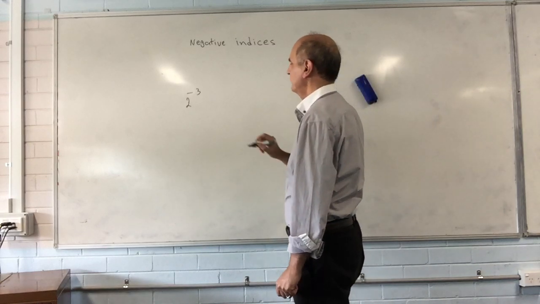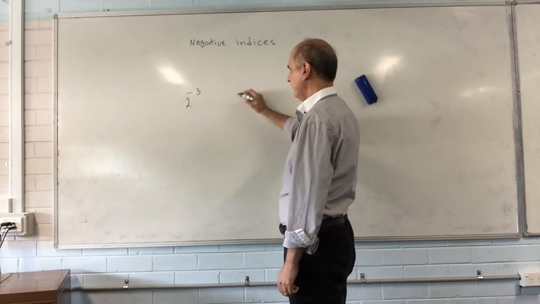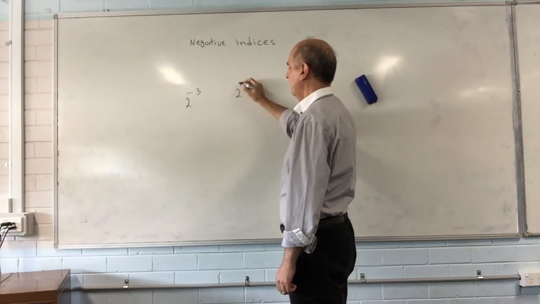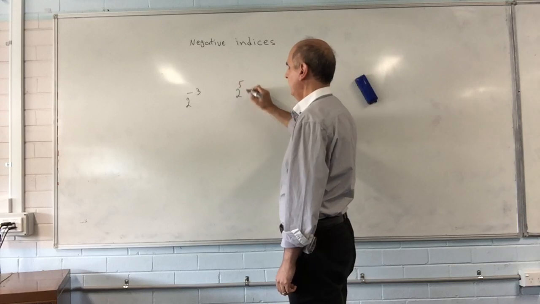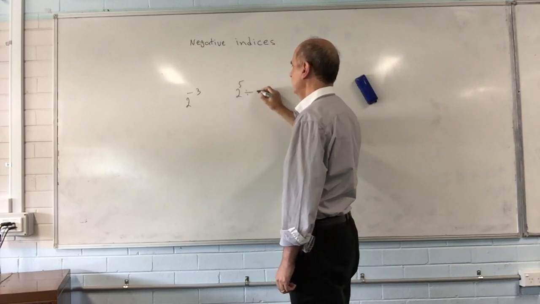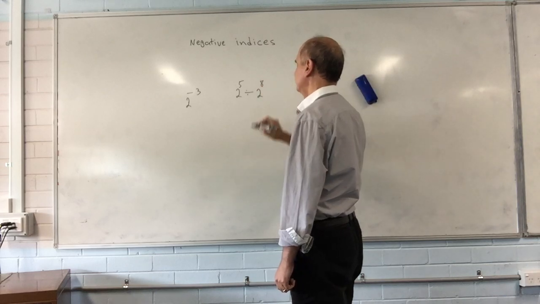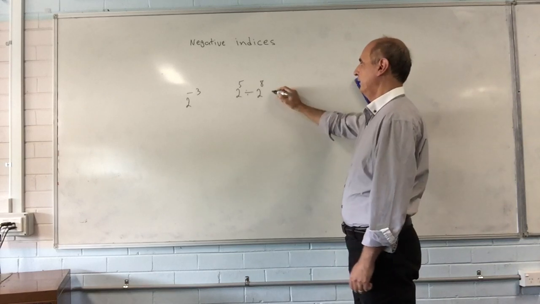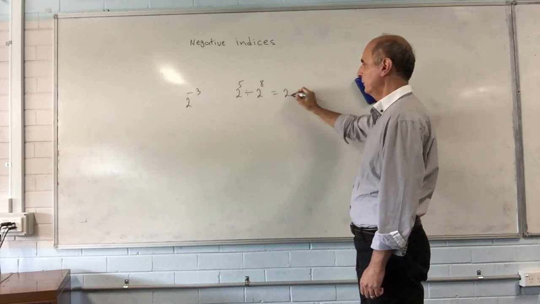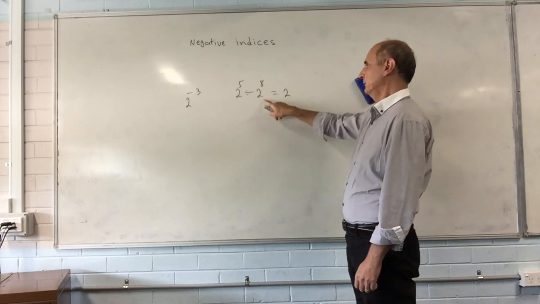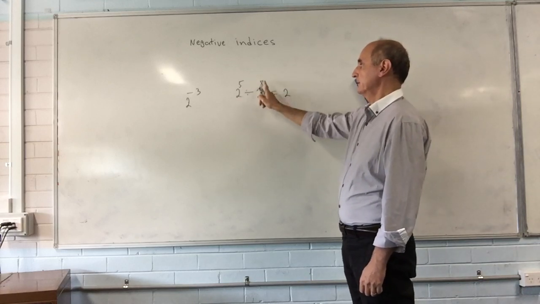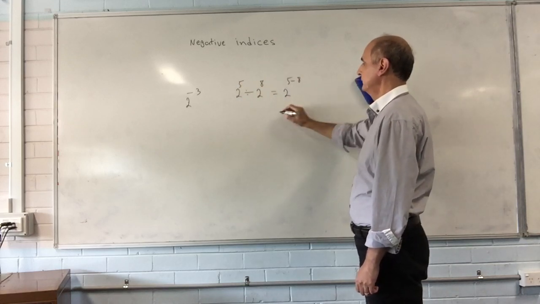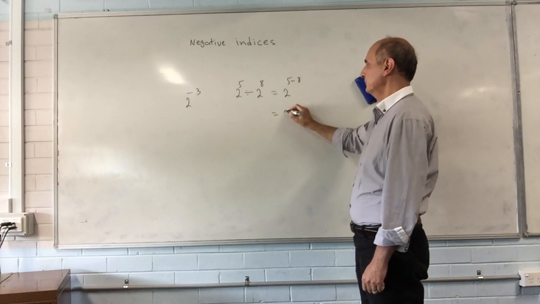I can get 2 to the power of minus 3 by doing this: 2 to the power of 5 divided by 2 to the power of 8. Using the same rule, we write the base and subtract the second power from the first power. So it has to be 5 minus 8, and 5 minus 8 is minus 3.